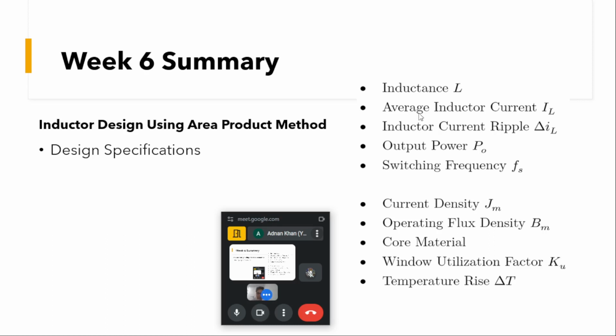We will see the inductor design using this area product method. If we have an inductance L that we want to design, we know the average inductor current flowing through that inductor, we know the ripple that is provided, the power level is given, and the switching frequency at which we want it to operate.